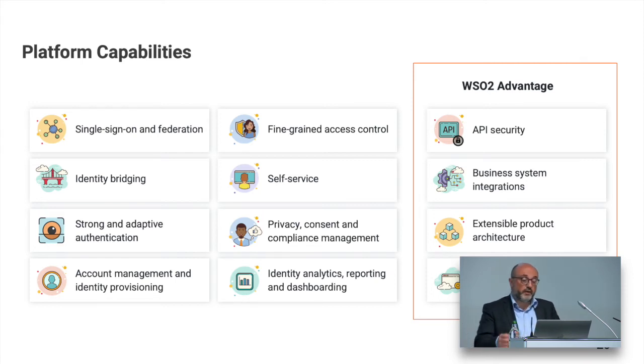This is our area of excellence, let's call it like this. But on top of that, we have some advantages or differentiators that our competitors do not necessarily provide. For example, the fact that we can use Identity Server to provide API security. And this comes from the synergy with the products that we have.